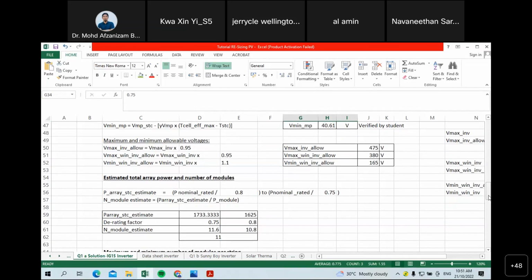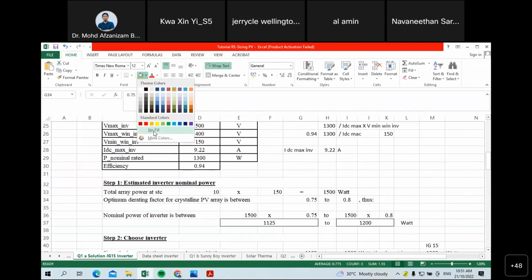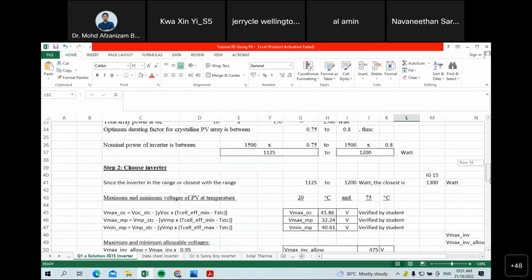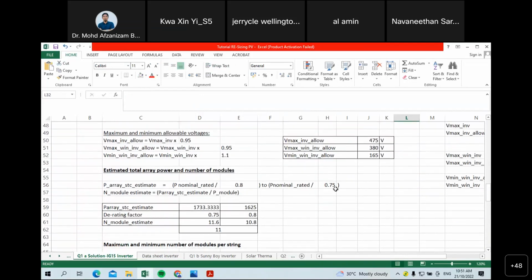But for this exercise, just stick with this 0.75 and 0.8. So that's why the rated that we try to gain over here is with the 0.8, 0.75. And then by having this kind of nominal rated, we can gain the 1733.33 and 1625.